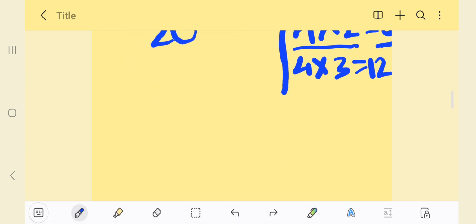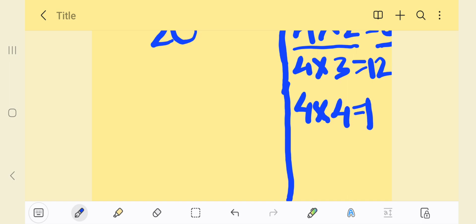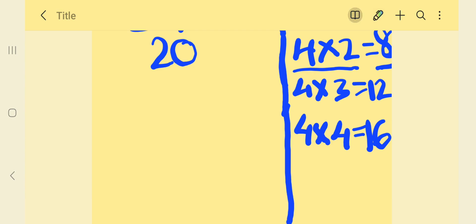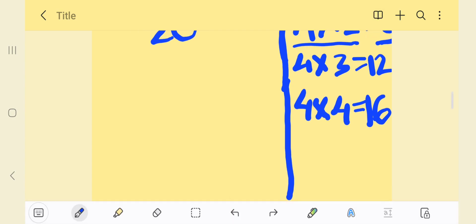Then when we move on to 4 times 4, we are getting 16. 4 times 4 equals 16, which is less than 20, which is fine. We need to move on to check if there are other possibilities that we can get less than 20 or equal to 20. 4 times 5, we know that it is 20.